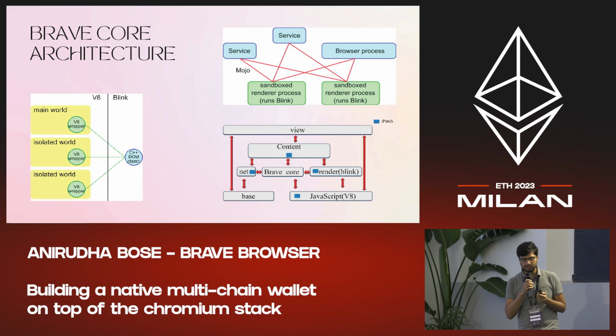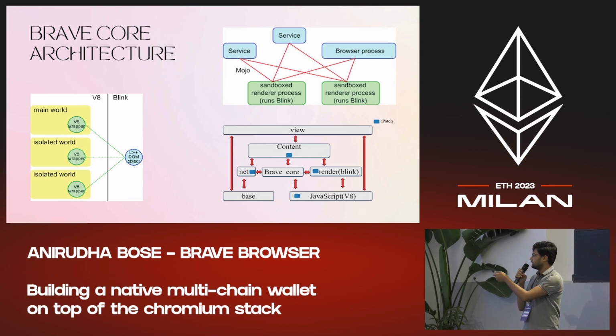It's a browser that's built on top of the Chromium stack, which means there's a main browser process that does a lot of fancy stuff. And there are renderer processes, which are sandboxed, and they run something called Blink. Blink is a renderer engine that's pretty popular. Most browsers use this engine, maybe apart from Firefox.